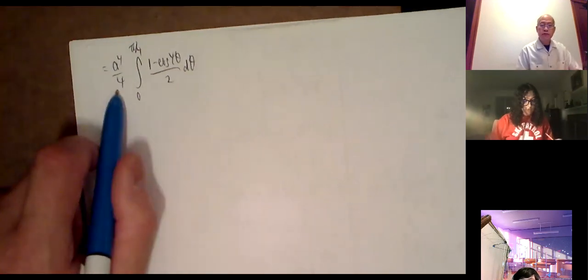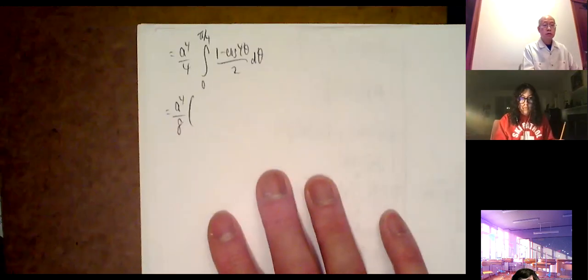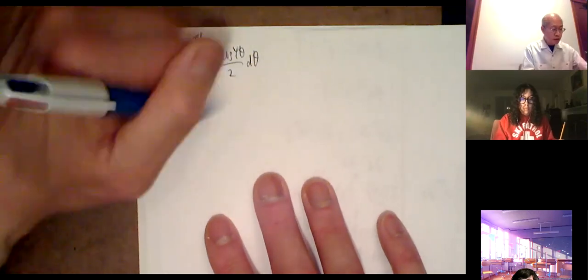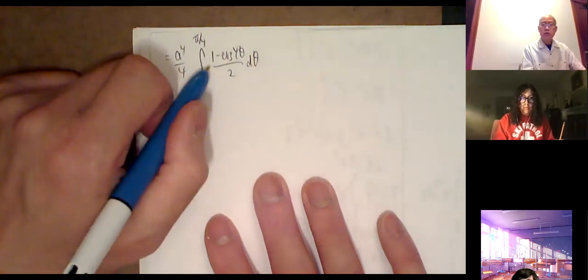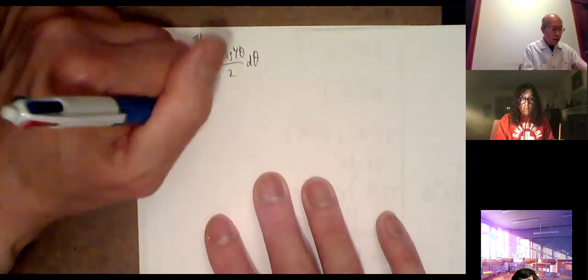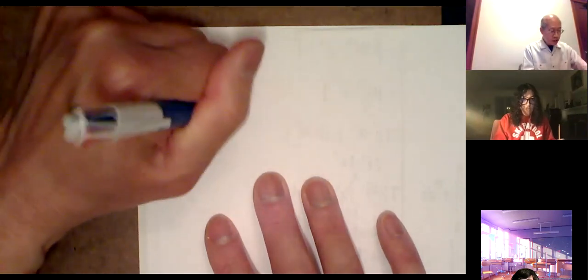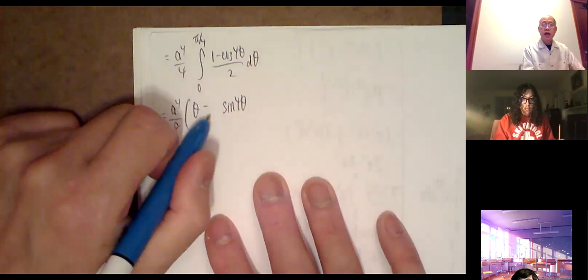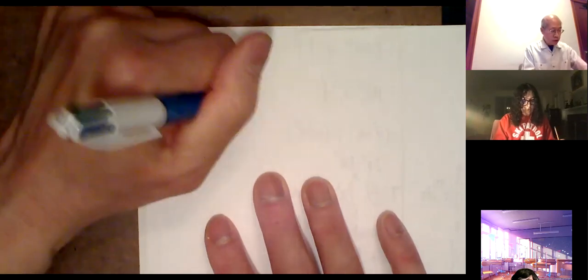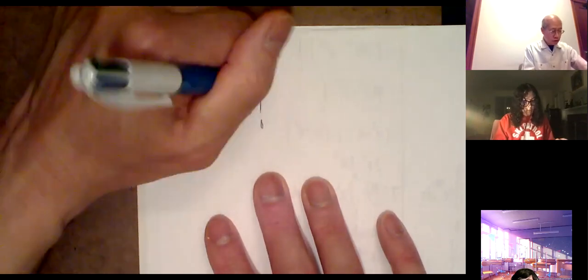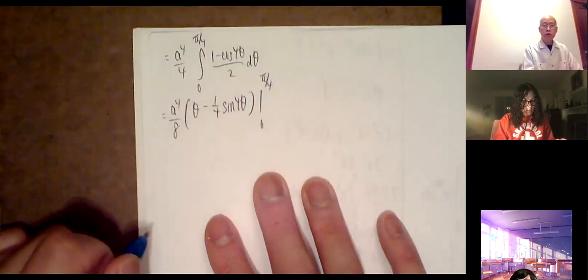All right, take the 2 with the 4, so that's going to be a to the fourth over 8 outside. Okay, integral of 1 is theta. Integral of negative cosine 4 theta is negative sine 4 theta times 1/4. Again, chain rule in reverse. 0 to pi over 4.